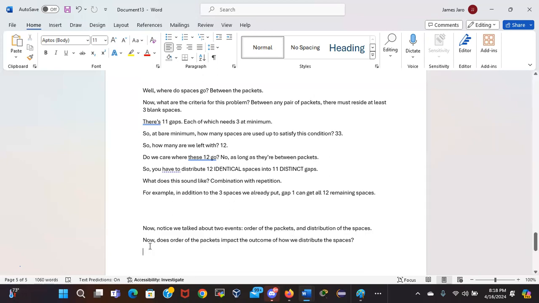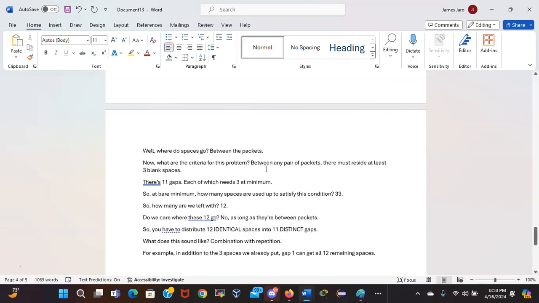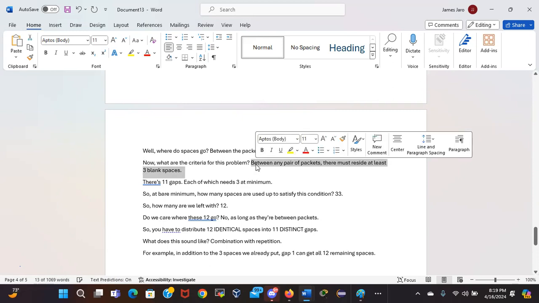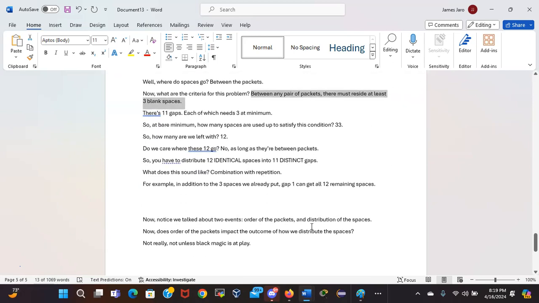So the answer to this is really not, unless black magic is at play, which there isn't. No matter what packets I send, you're still going to have the restriction that every pair of packets must have at least 3 blank spaces. That restriction doesn't just go away. Does that make sense? Yeah. So if these events are independent, what do we do?